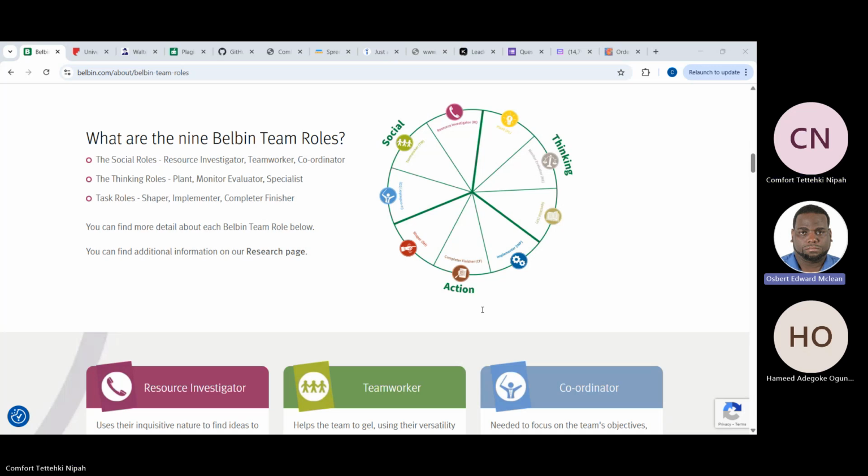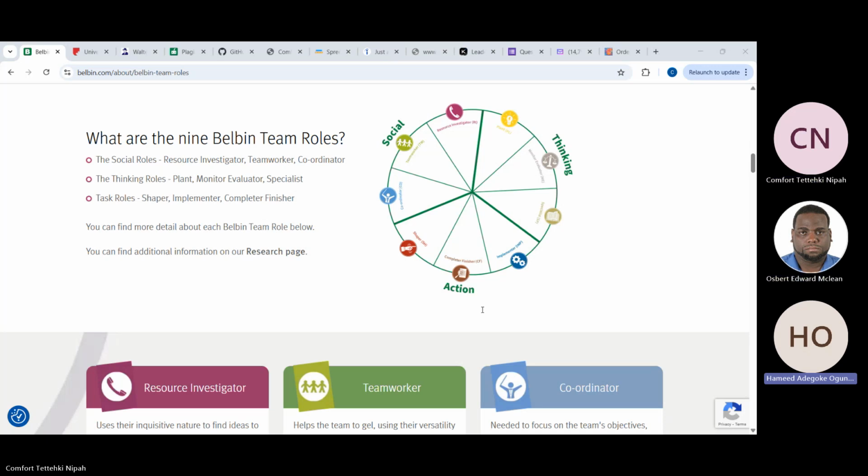And as we were saying, Hamid, the thinking-oriented roles, you were more in line with that? Yeah, based on what we discussed earlier today, these roles are the team's strategic engine. They provide critical analysis, creativity and deep knowledge that prevents people from making rushed or poorly conceived decisions. Under the thinking roles, we have the Plant, the Monitor Evaluator, and the Specialist.